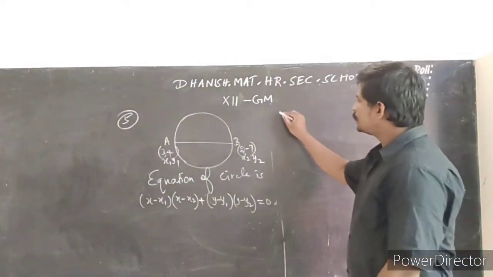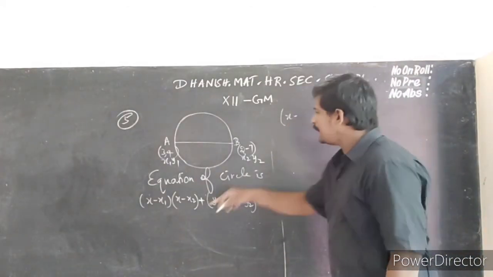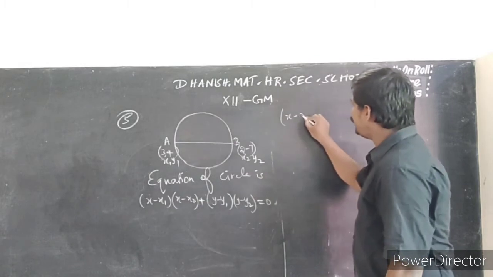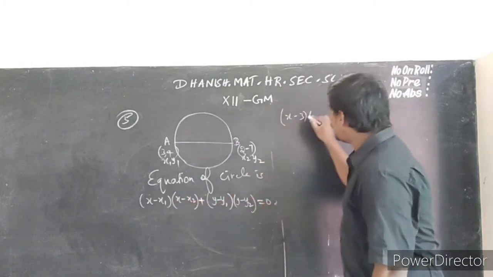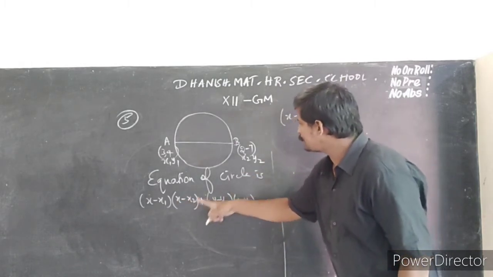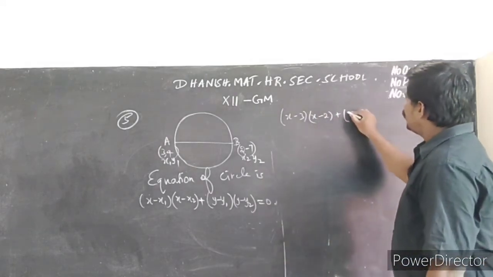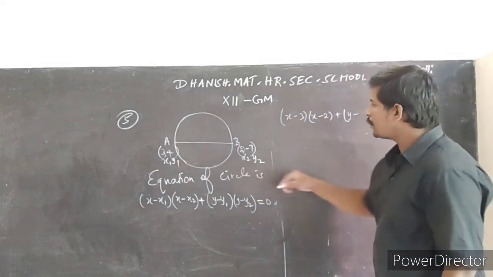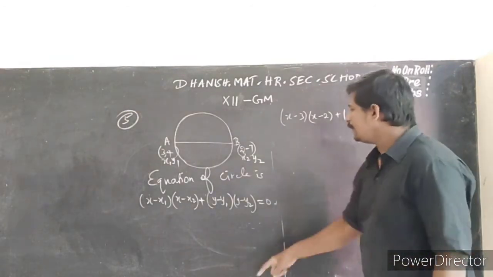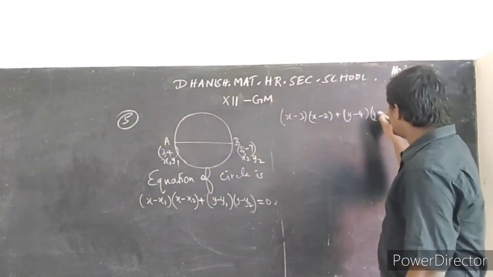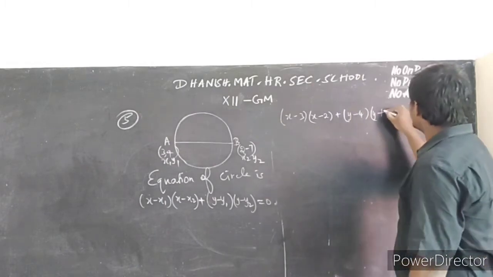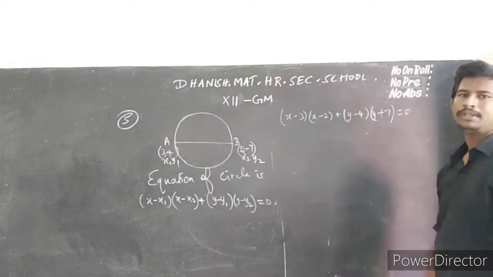Now we are going to substitute the values. What's our x1? 3. So (x − 3)(x − 2) + (y − 4)(y + 7) = 0.